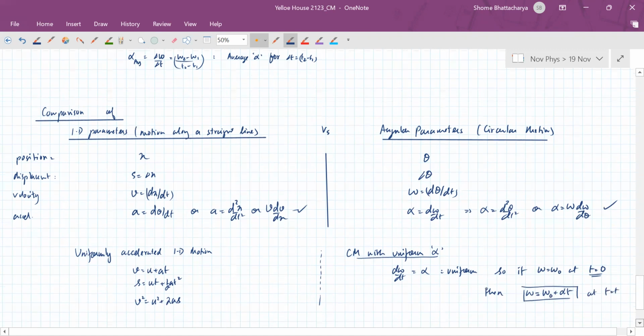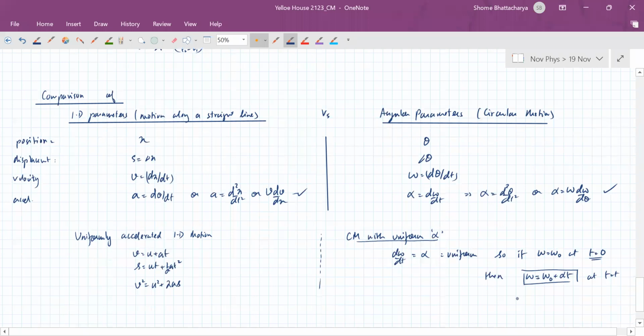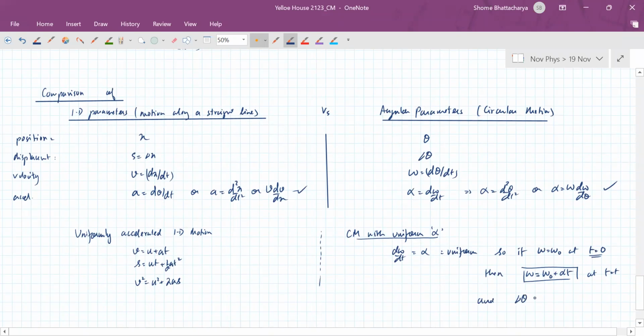And angular displacement will become omega naught t plus half alpha t square. So we'll have the comparable three equations, just replacing the linear parameters with the angular parameters.